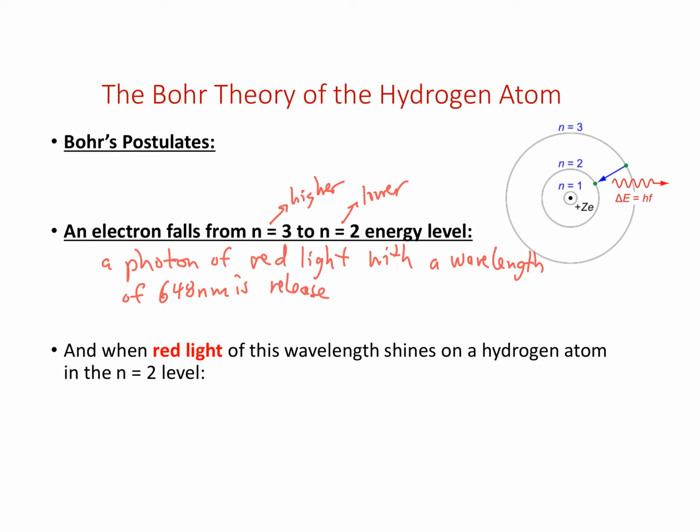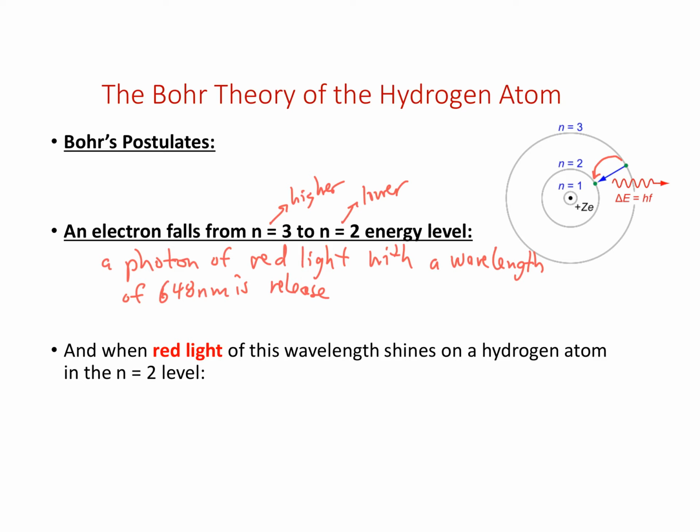So if that transition occurs and an electron goes from n equals 3 to n equals 2, it has to release energy. It's going to release energy as a photon of red light with a wavelength of 648 nanometers. And I just pulled 648, right? It could be any exact wavelength that is in the red spectrum. But what that means is when the electron goes from n equals 3 to n equals 2, it releases a wavelength of light of 648 nanometers.